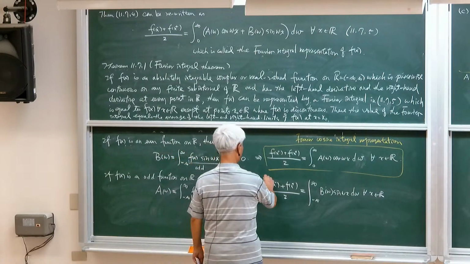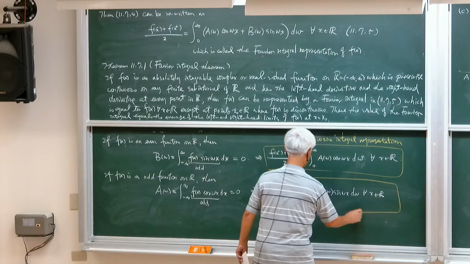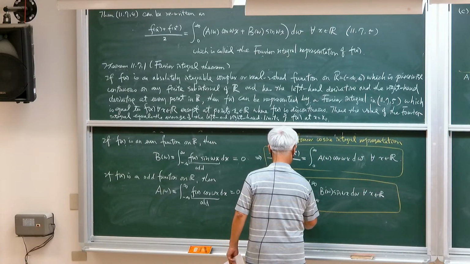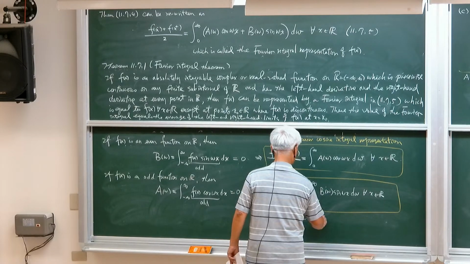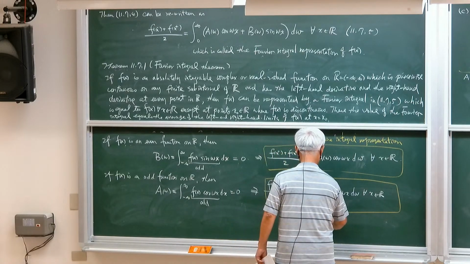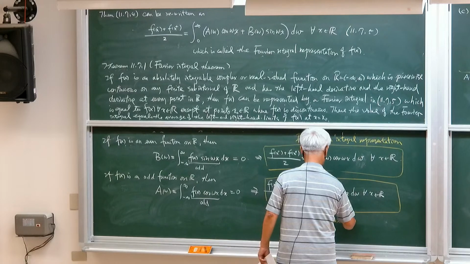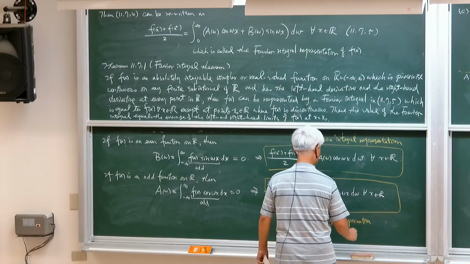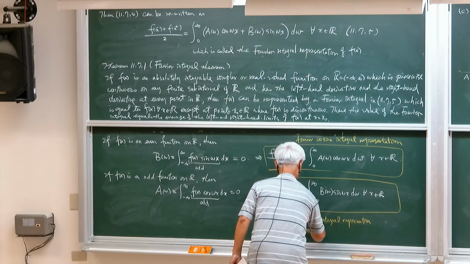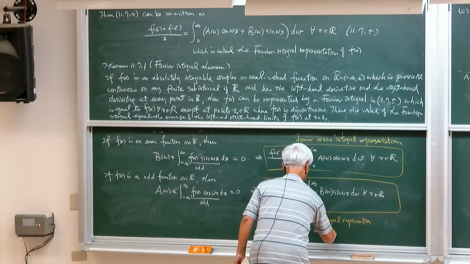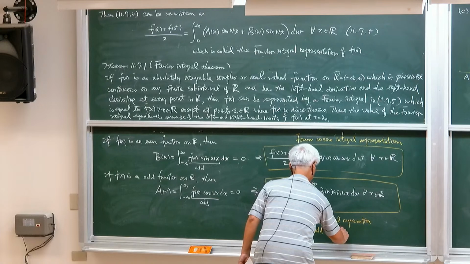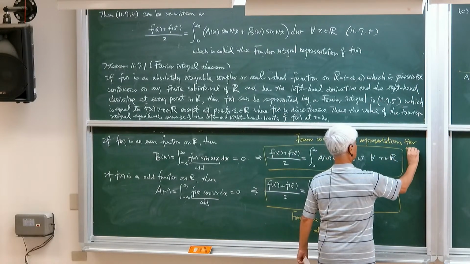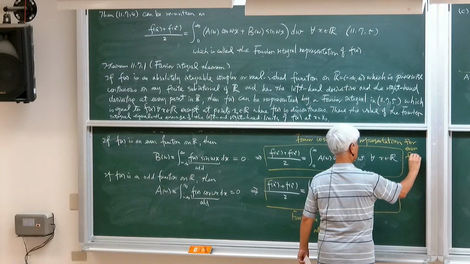And this one is called the Fourier sine integral representation. So this is for odd functions, and this is for even functions.